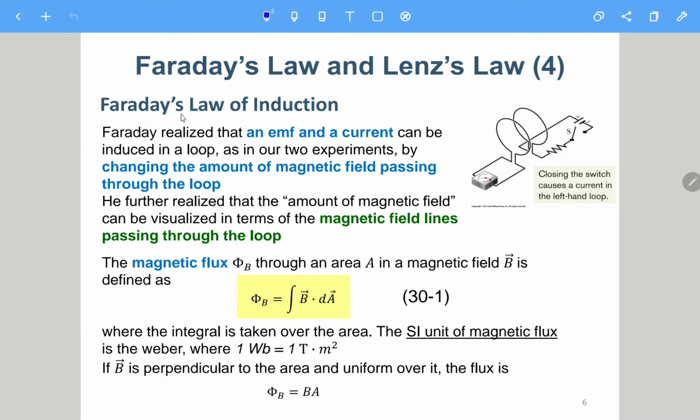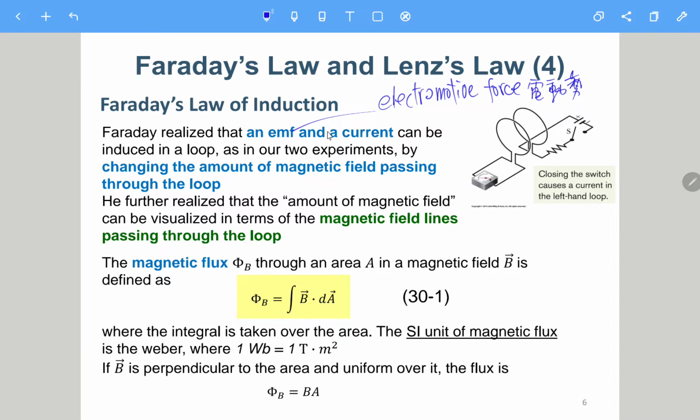So here, Faraday's law of induction. Faraday realized that an EMF, electromotive force, is a short form for electromotive force.